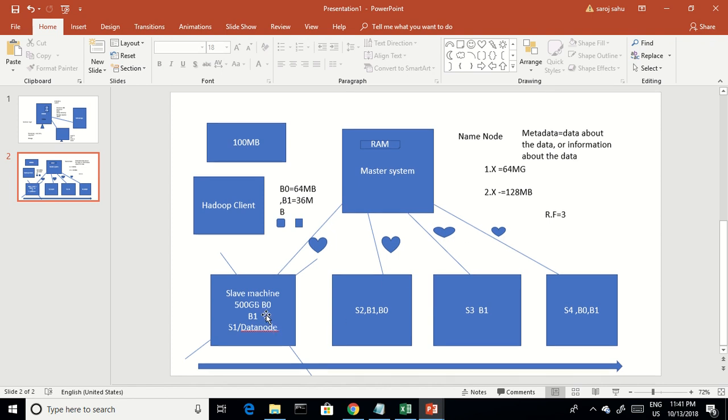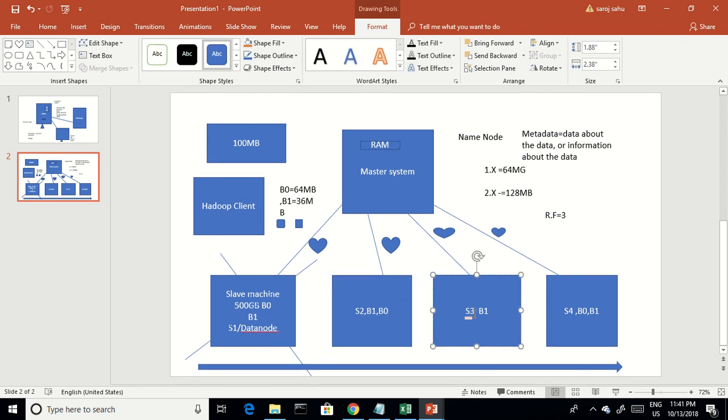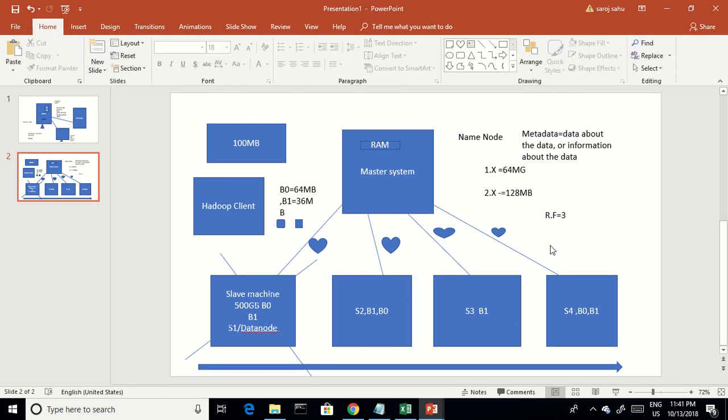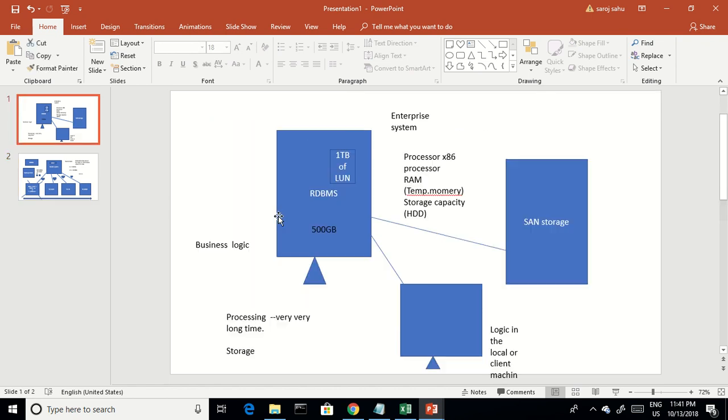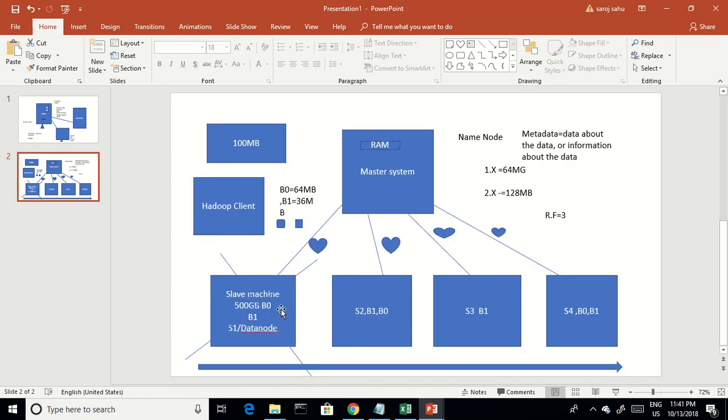It will pick the node where the block is present. In traditional systems, a single task is processed by a single machine and takes a long time. Here the same task is processed by multiple machines.